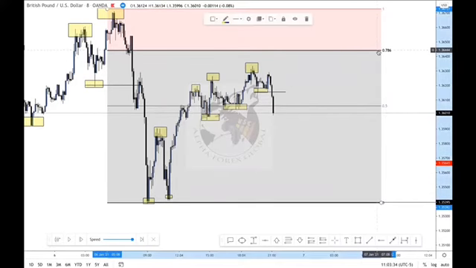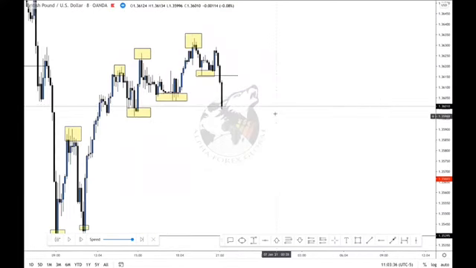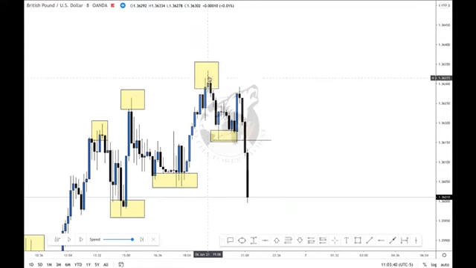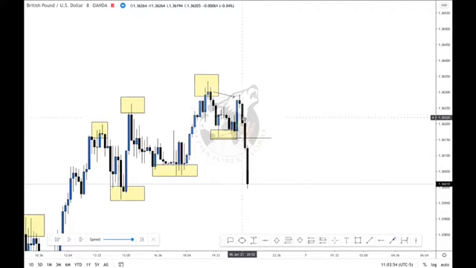Now let's go down to the entry, right? So the market broke structure, right? Looking at this, we have an order block right here. Now the market transferred this money from this order block into this order block right here, which left inefficiency right here, right? So money has been transferred, right?